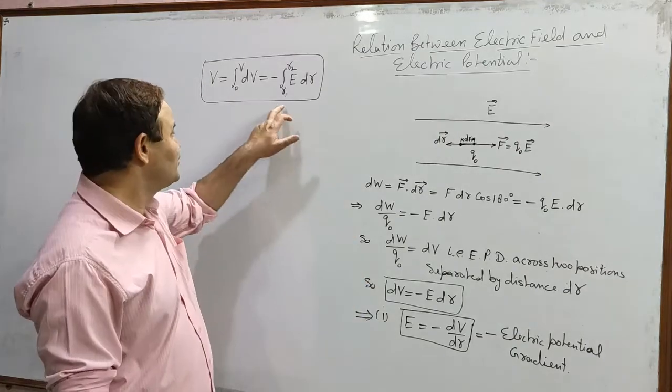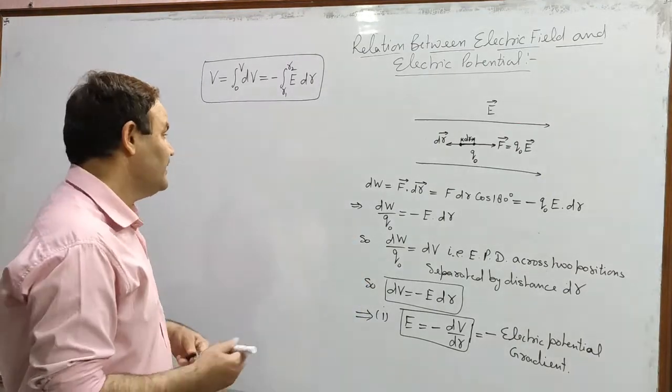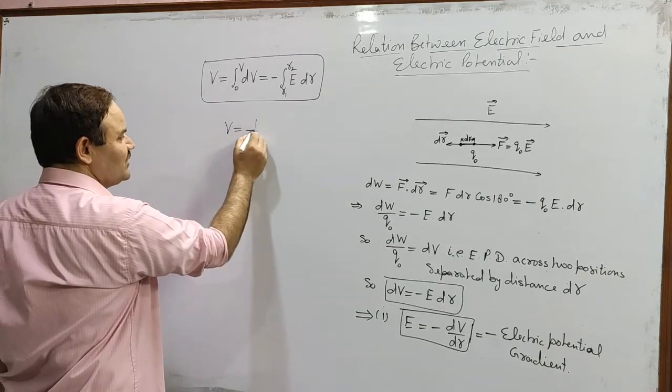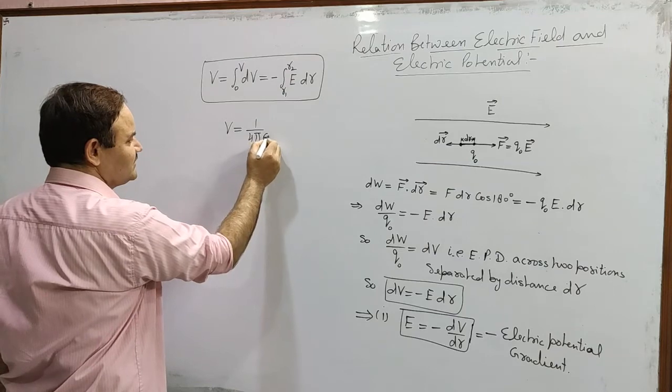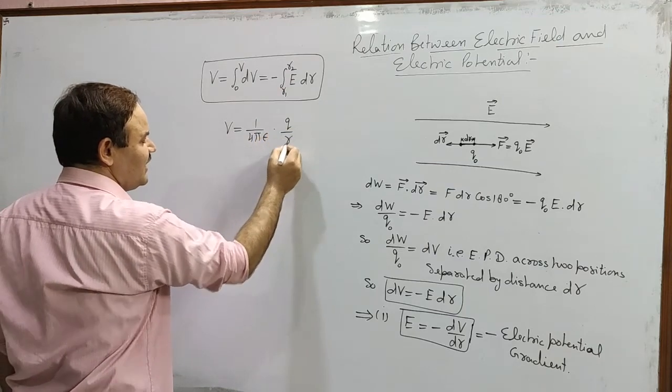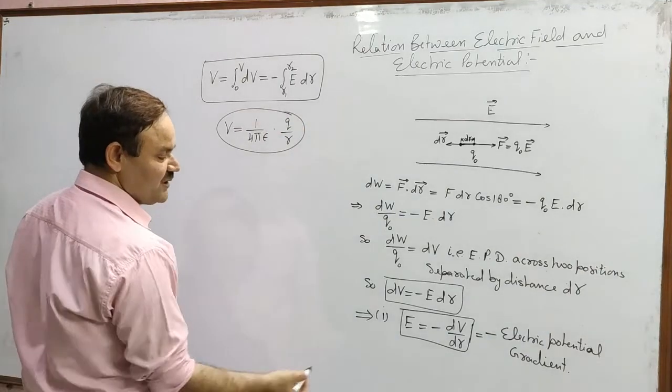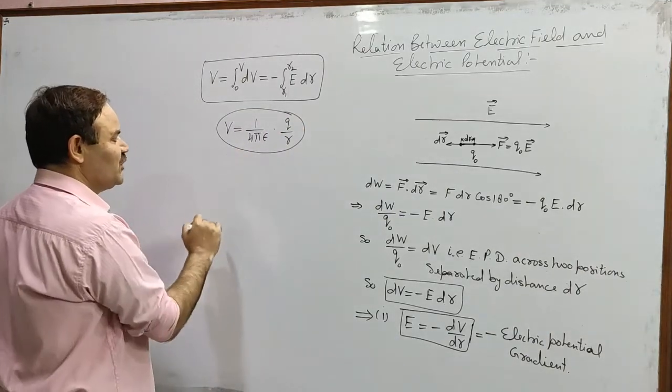We can use these two expressions. Say we know that electric potential due to a point charge V is 1 over 4 pi epsilon Q by R. From this expression, we can find out electric field due to a point charge.